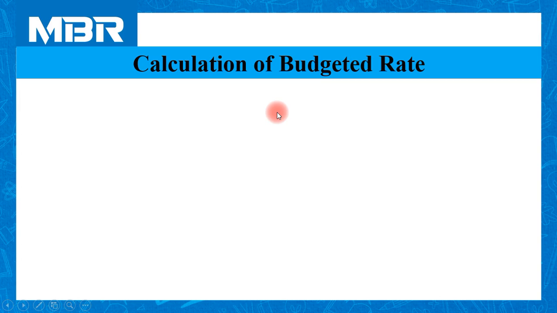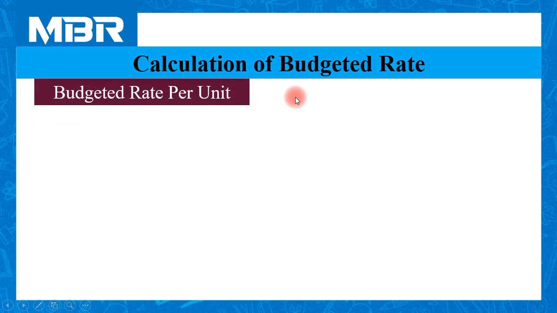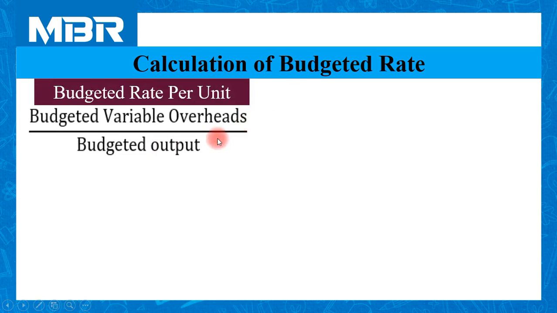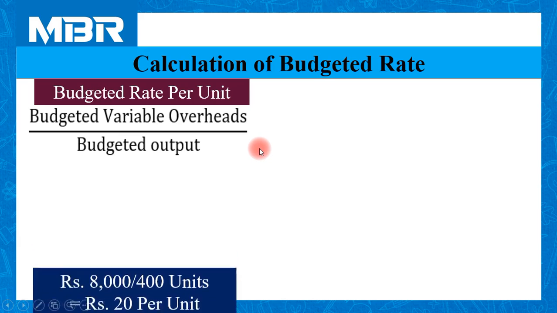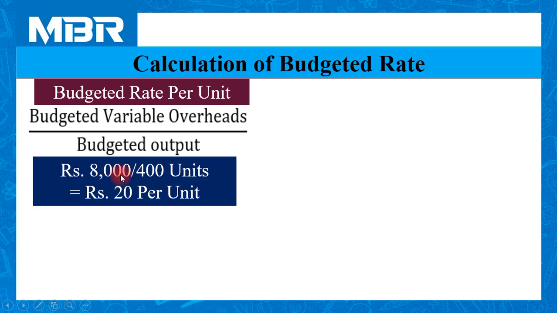So based on output and based on time, we can easily calculate budgeted rate. Budgeted rate per unit. Formula: budgeted variable overheads divided by budgeted output. 8,000 rupees, given by the examiner as the budgeted variable overheads, divided by 400 units budgeted output. So budgeted rate per unit is rupees 20.